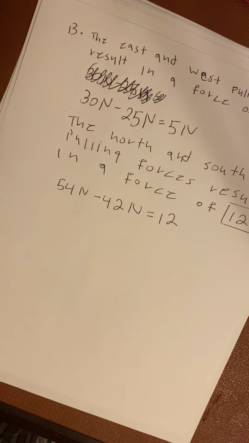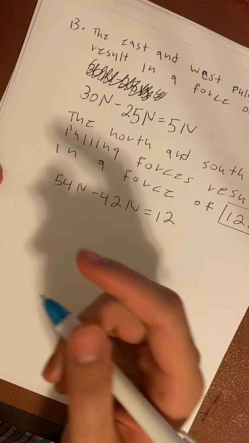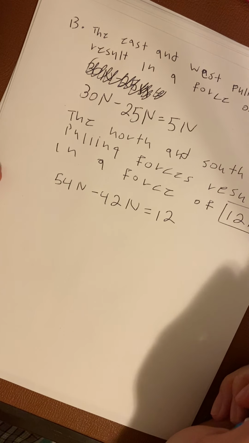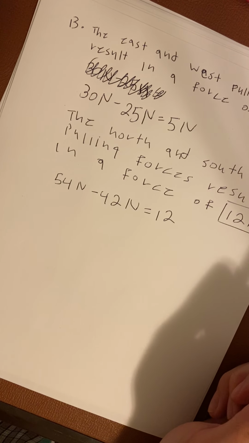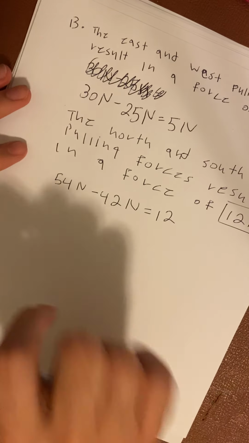So what we reached till now is the east and west pulling forces result in a force of 5, and the north and south pulling forces result in a force of 12.